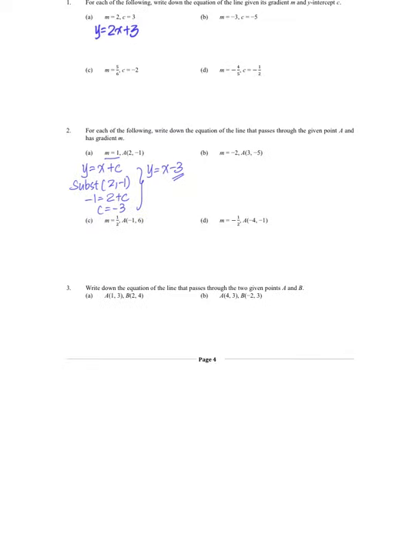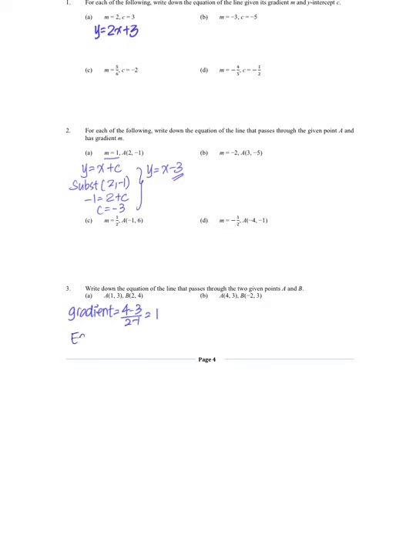And then 3a, write down the equation of the line that passes through the two given points. In this case, they didn't give you the y-intercept, neither did they give you the gradient, so you need to find both. So gradient is equal to y1 minus y2 over x1 minus x2. So gradient is 1. How do you find the y-intercept?